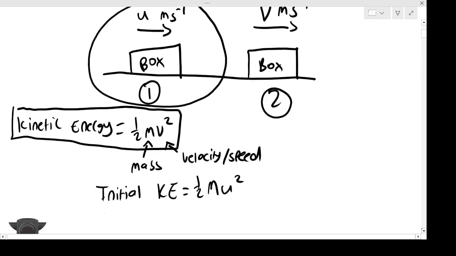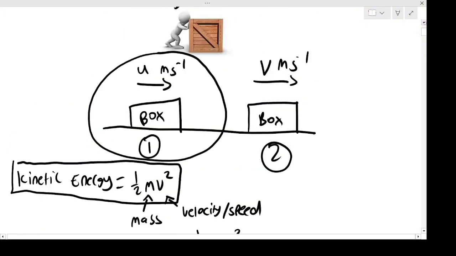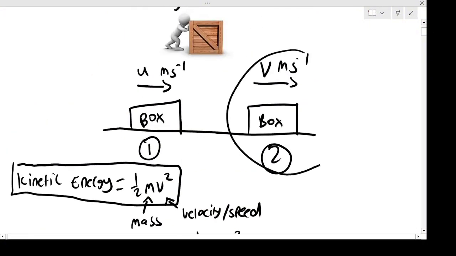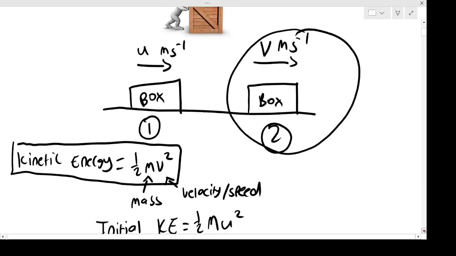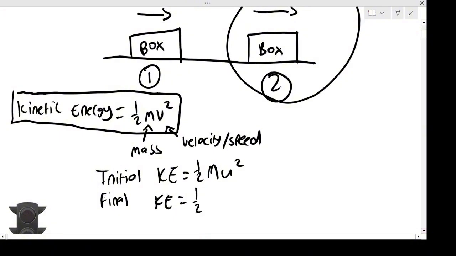Then my final kinetic energy, when it reaches the second point here, it has speed v. So it's very simple, it's then half mv squared. So you can see the kinetic energy will change as your speed changes.